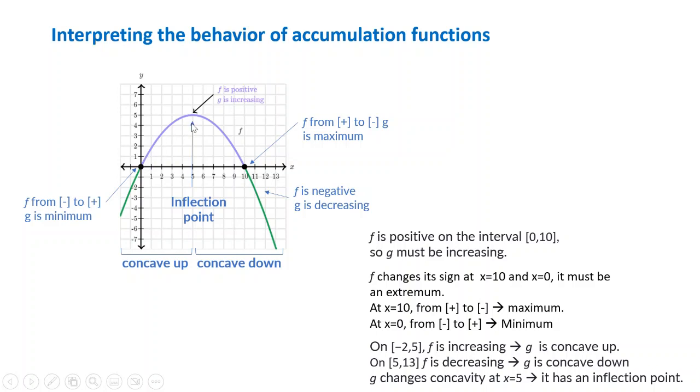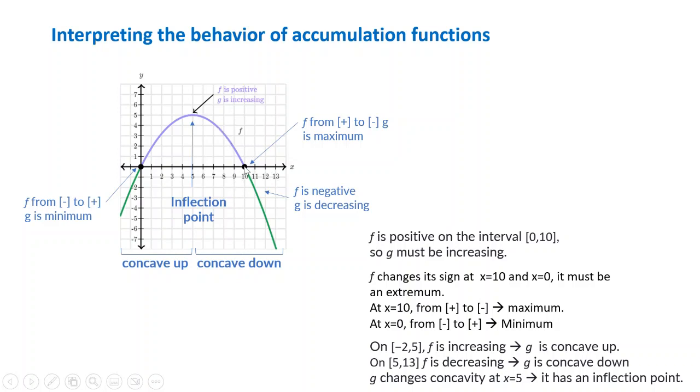Then at this point the value is still positive, so it's still going up, but now the absolute value is going down. So at this point it is concave down, and then it goes down.